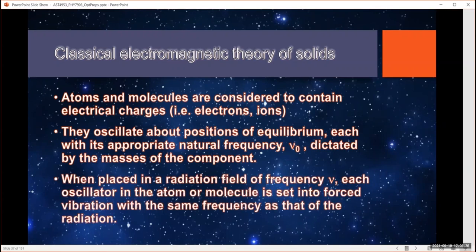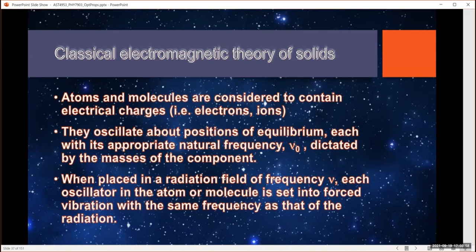But when we put them into an electric field that has a frequency nu, then the oscillation of the atom is going to be forced to vibrate at the same frequency as that radiation. That is, the electric field is now forcing the atom to vibrate in a certain way that is not necessarily the same as its natural frequency.